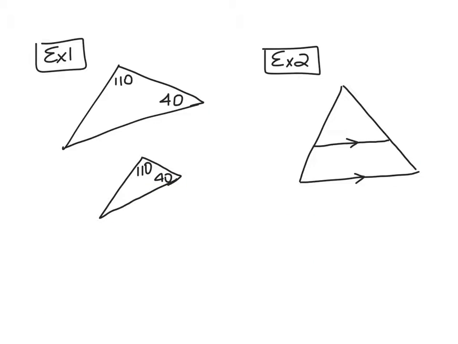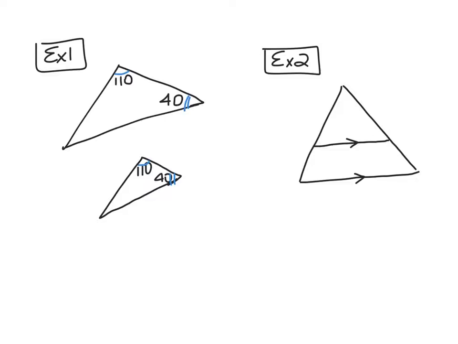Okay, so here are two quick examples. The first one is what I was just telling you about. We have two sets of angles that are congruent. And even if I don't know the third one, I can go ahead and say that these are going to be similar triangles. The reason I can say that is, if I wanted to find this third angle down here, I could add these other two together, right, and get 150, and then subtract that from 180, since they have to add to equal 180.